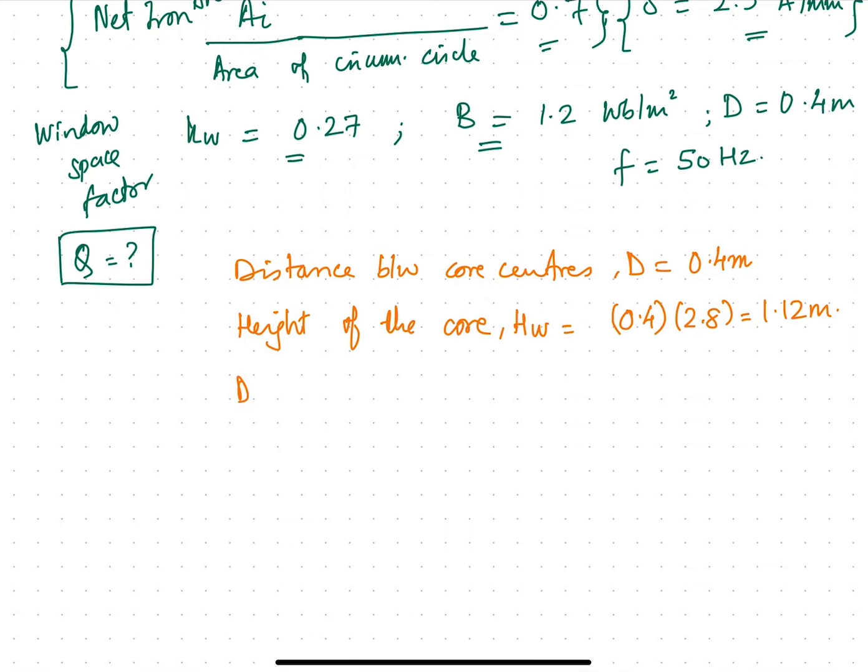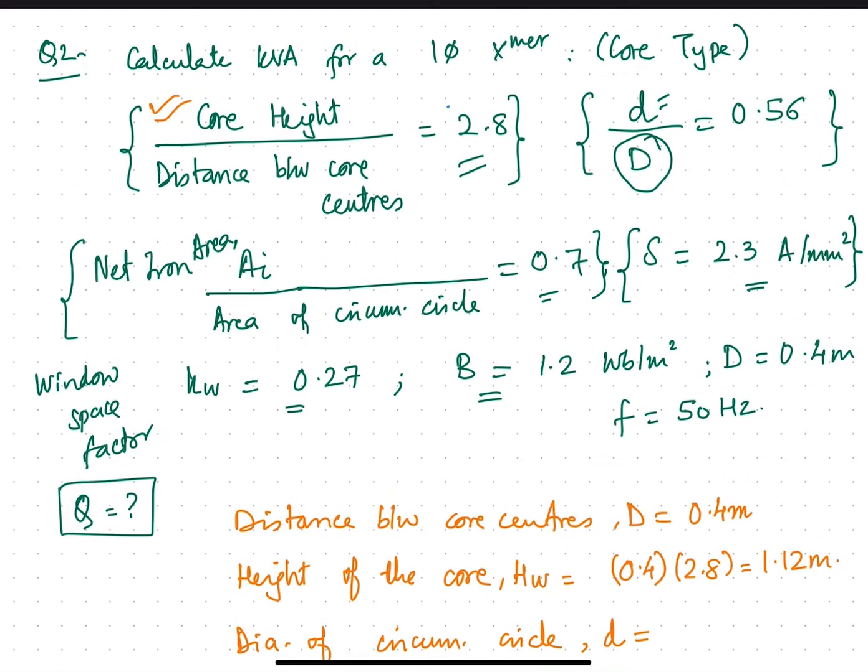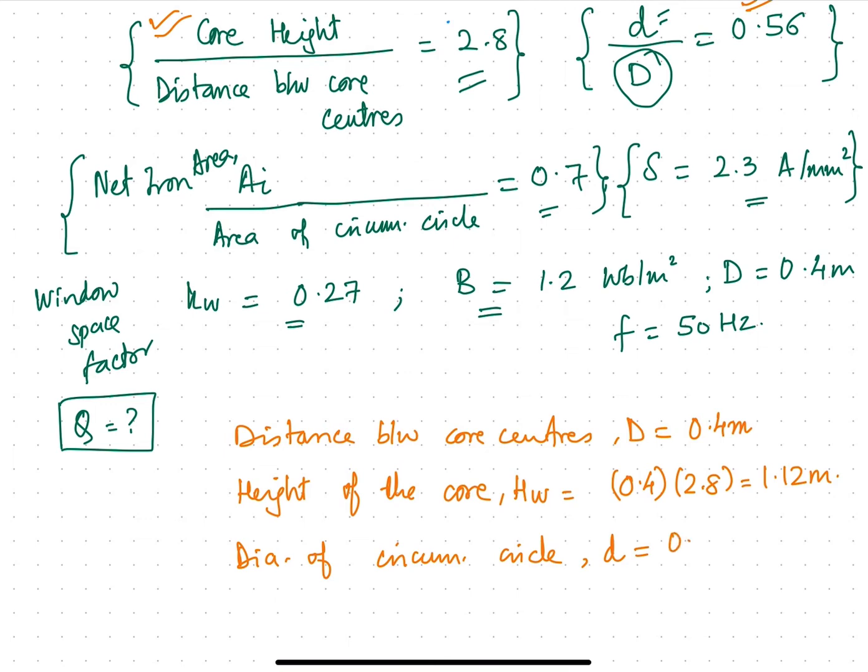We also know that the diameter of the circumscribing circle, small d, in this expression is equal to 0.56 times capital D. So this is equal to 0.224 meter.